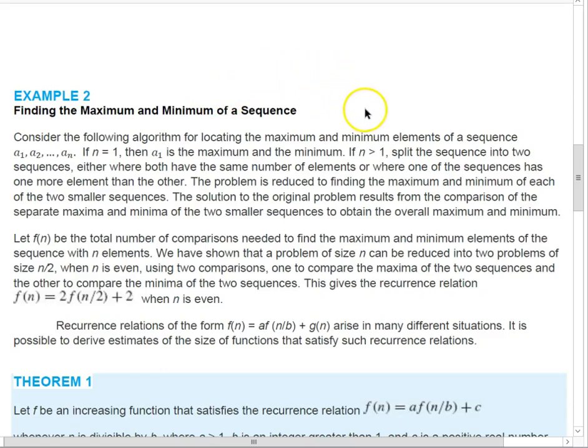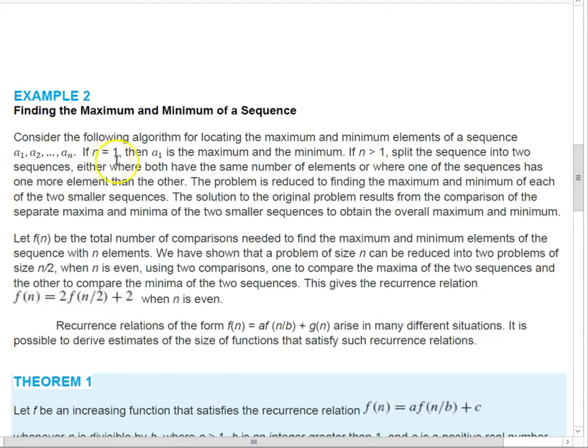Example 2. Finding the maximum and minimum of a sequence. In this example, the sequence is not sorted in the beginning, and we want to find the maximum and the minimum element. Consider the following algorithm for locating the maximum and minimum elements in a sequence a1, a2, and so on to an.